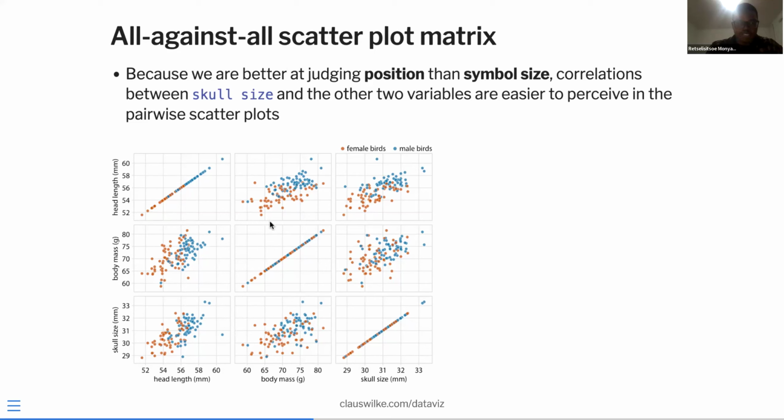However, if you look at head length and body mass, you can see that males tend to have longer head length compared to females, which, I guess, is actually quite clear. Whereas here with skull size and body mass, they're kind of comparable.